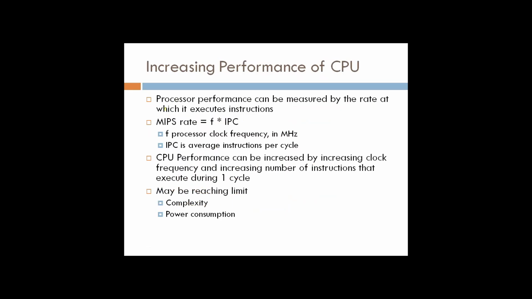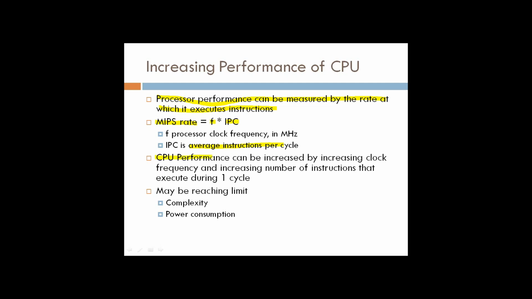Now if we talk about CPU only, the processor performance can be measured by the rate at which it executes instructions, that is the clock frequency. It is measured in million instructions per second, which we can say is frequency multiplied by average instructions per cycle.